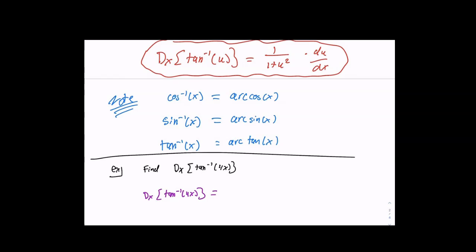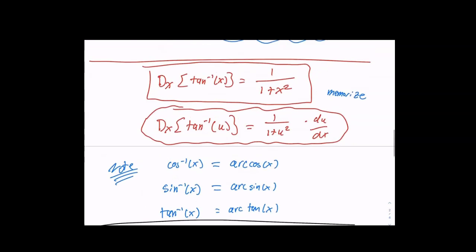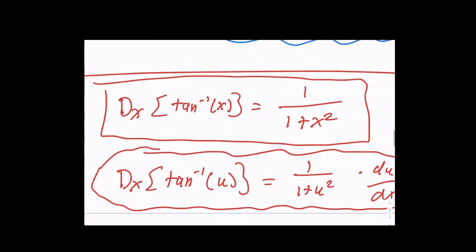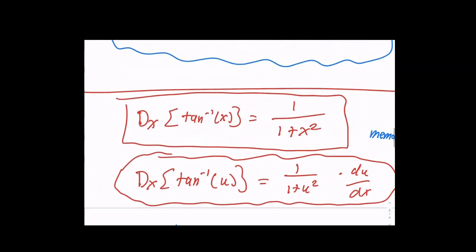What is the derivative of arctangent of 4x? Just arctan 4? No, the derivative does not have any arctangent. You can see very clearly right here, the derivative of arctangent does not have anything with arctangent.